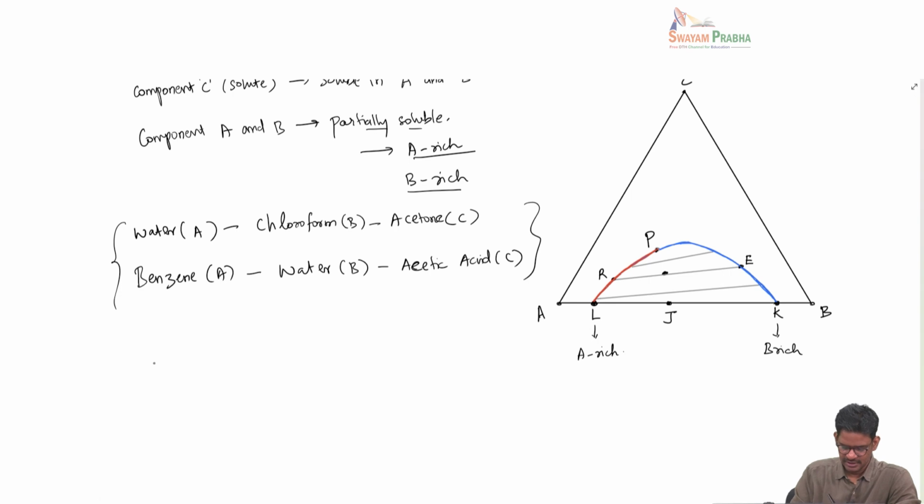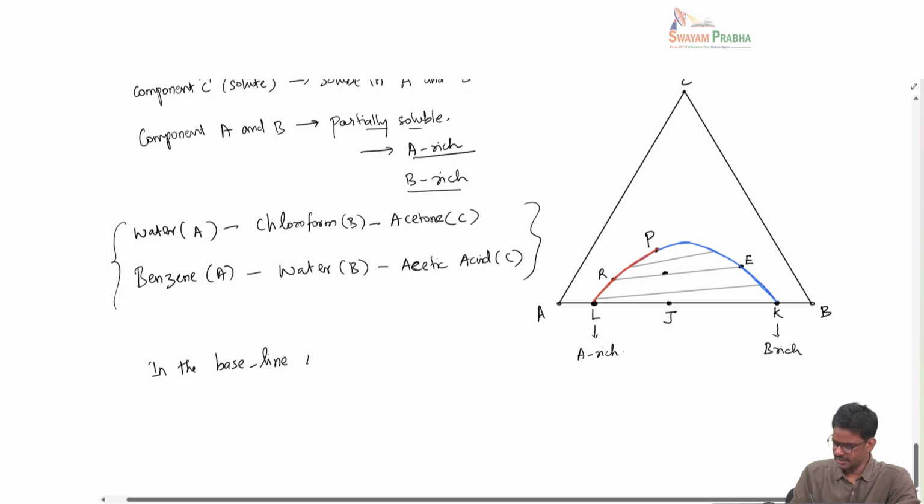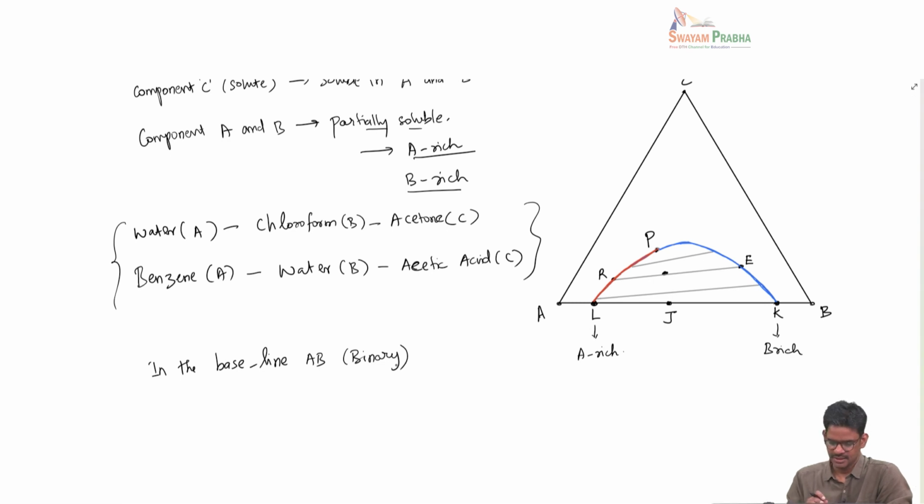So let's write this. In the baseline AB, which is a binary system, we have not introduced component C yet. It's just a mixture of A and B, both are solvents. In the given examples, A and B can be water and chloroform, or it can be benzene and water.